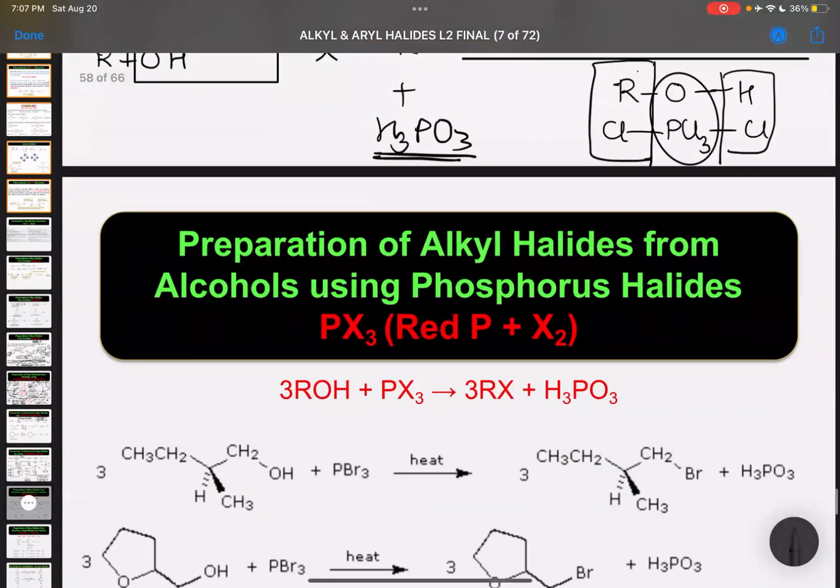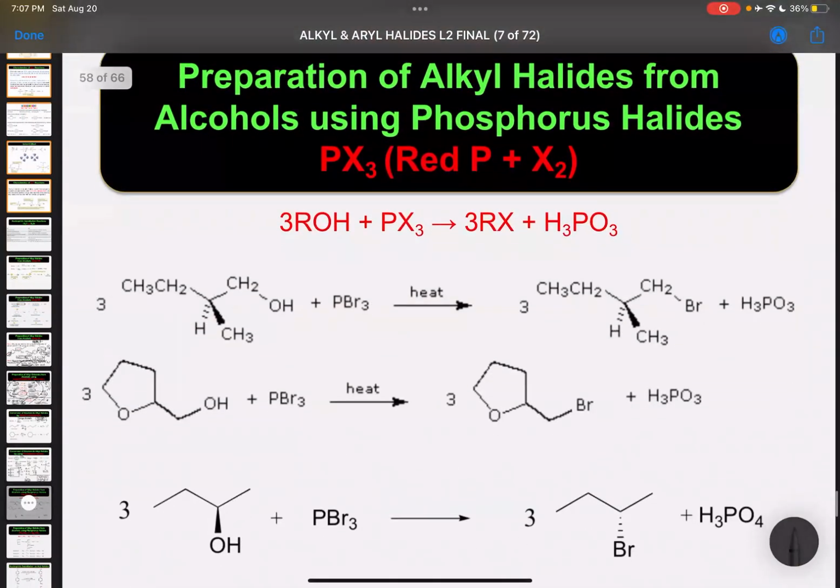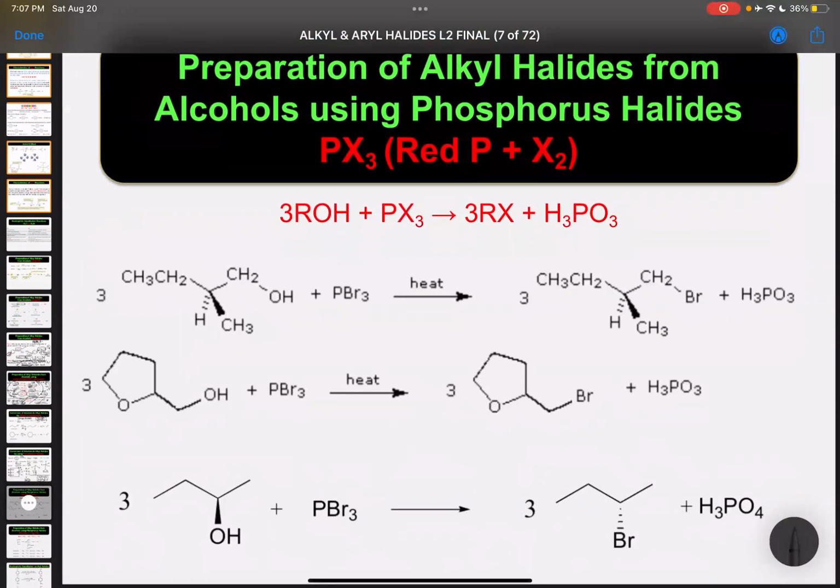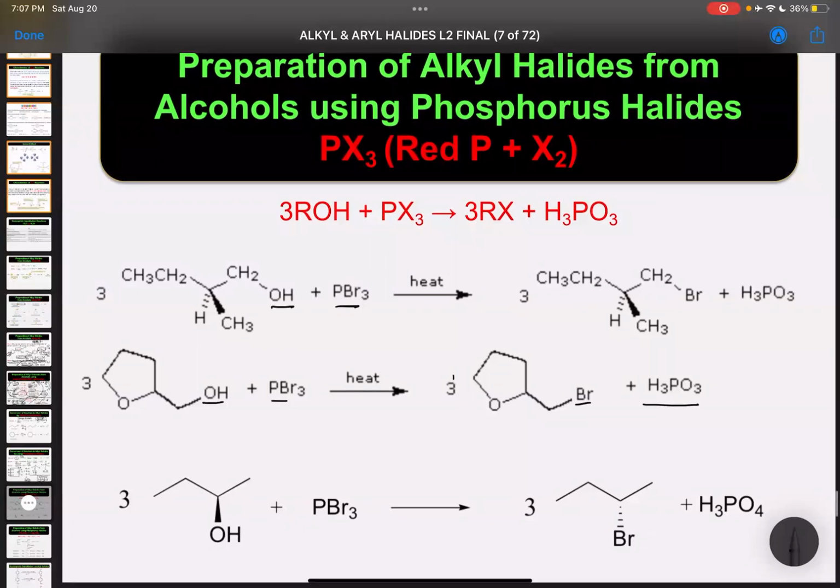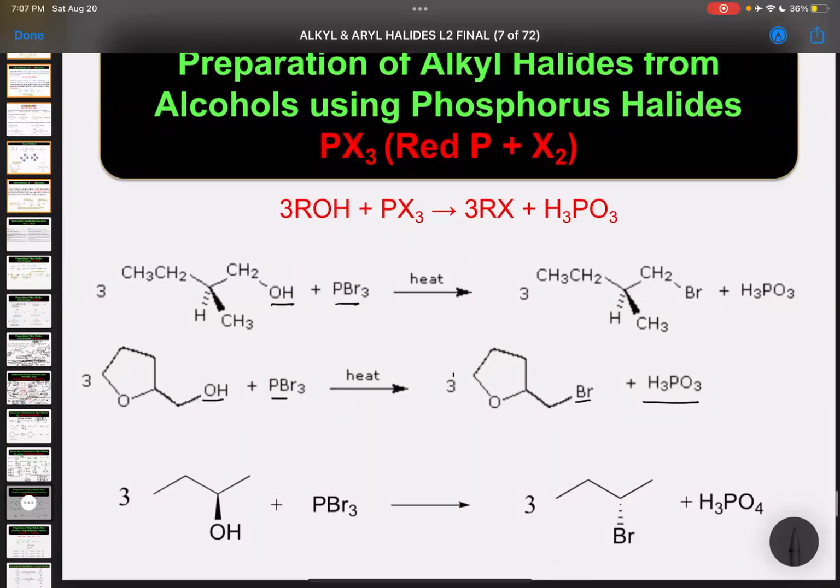Okay, so look at these reactions. This OH has been replaced by Br because you have taken PBr3. You need not write the stoichiometric coefficients. No need for balancing, just write the product. And I told you this is an SN2 reaction. SN2 means inversion.